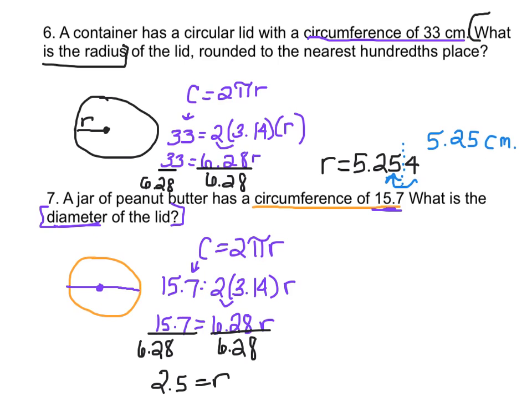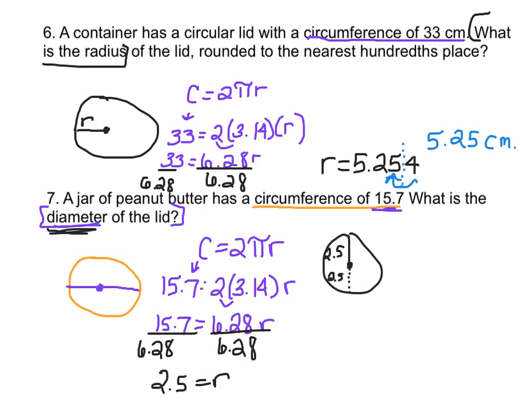Now in the past problem, we were done, but that's because the problem was asking for the radius. This problem, however, is asking to find the diameter. So think back, if I have a radius of 2.5, if a radius is half a diameter, then in order to get the diameter given the radius, I'm going to multiply by 2, because this side would also be 2.5.